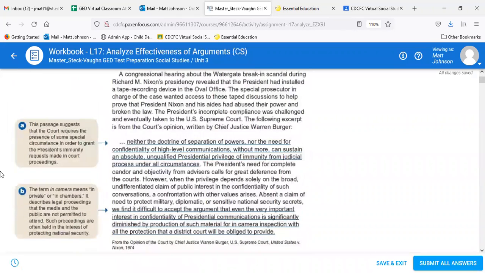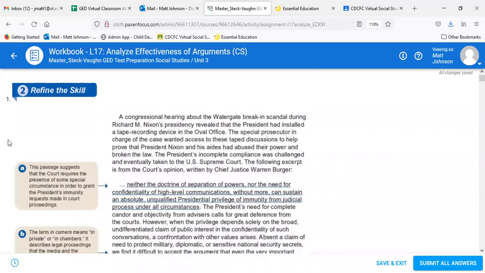And here, what do we have? This is from the opinion of the court by Chief Justice Warren Burger, U.S. Supreme Court, United States versus Nixon, 1974. Let's see what this is about. A congressional hearing, and I mentioned this yesterday, about the Watergate break-in scandal during Richard M. Nixon's presidency revealed that the president had installed a tape recording device in the Oval Office.